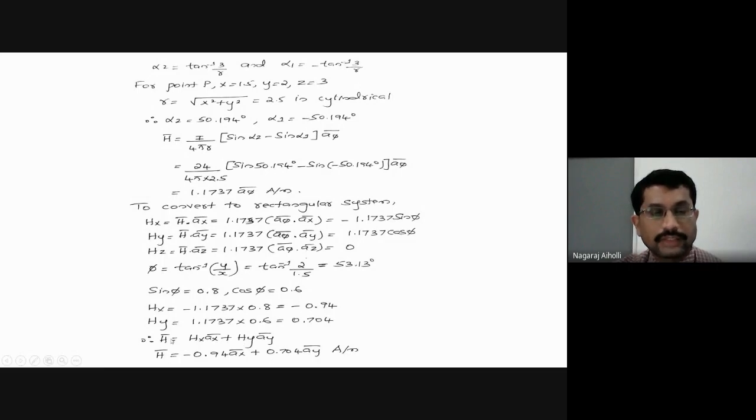If we want the vector of the magnetic field density h bar, it is hx x component into ax bar plus y component into ay bar plus z component into az bar. Therefore, h bar will be equal to hx is minus 0.94 ax bar plus hy is 0.704 ay bar ampere per meter.